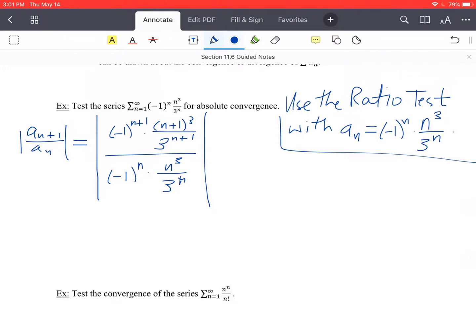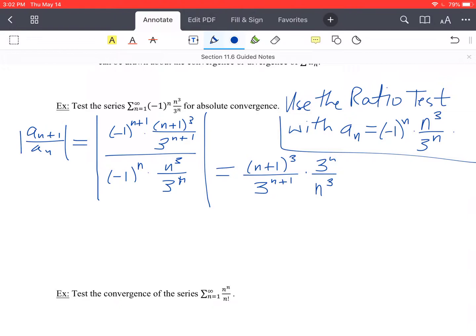And then if we go ahead and write this out, we're going to get n plus 1 cubed over 3 to the n plus 1, from our numerator. Denominator multiplied by its reciprocal, we're going to get 3 to the n over n cubed. And then regardless of whether this was positive or negative, one of them was going to be negative while the other was positive, and we took the absolute value. So it just made everything positive, so we can get rid of those.